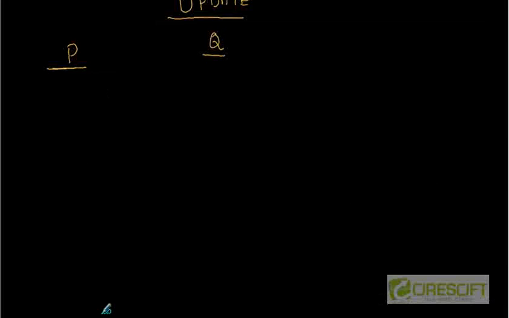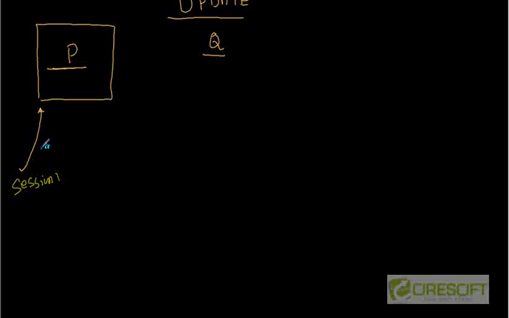The reason is that we have a table P, and from session 1 we give an update but have not committed it. From another session, session 2, we are trying to do the same update.